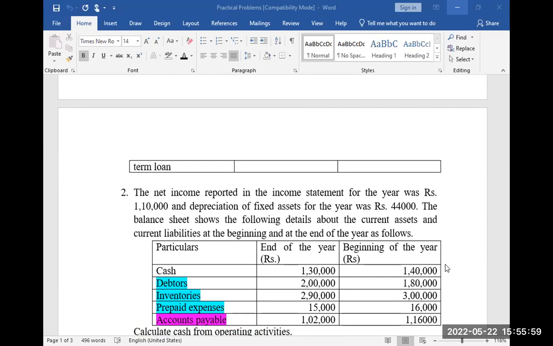Go to Google and type cash flow statement of TVS Motors. Try if you're finding the statement. Take 2 minutes to go through that at a glance, what we have studied and what is there.